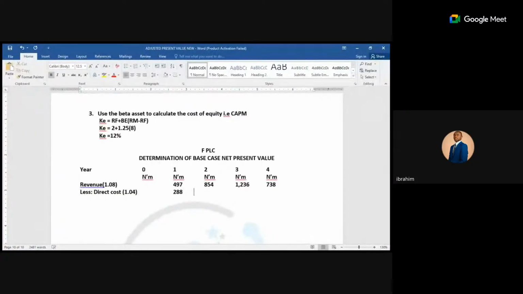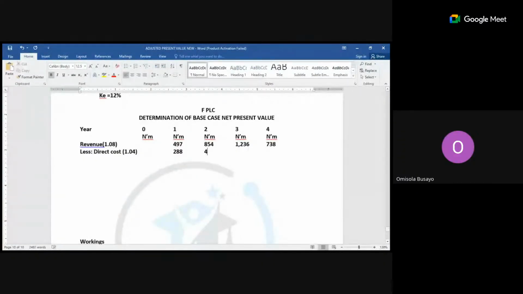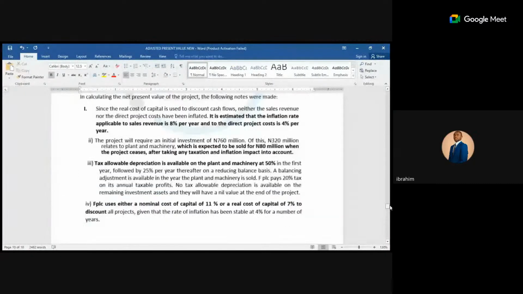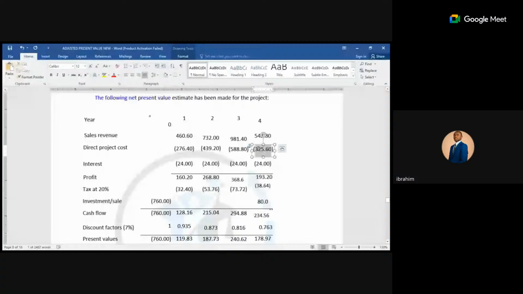The second year is what? 475. The third year, 662. Please don't forget, you raise this to power of the numbers of years.